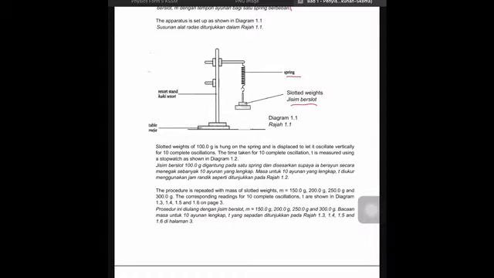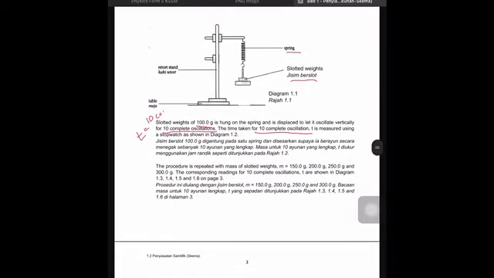A slotted weight of 100 gram is hung on the spring and displaced to let it oscillate vertically for 10 complete oscillations. The time taken for 10 complete oscillations T is measured using a stopwatch shown in your diagram.